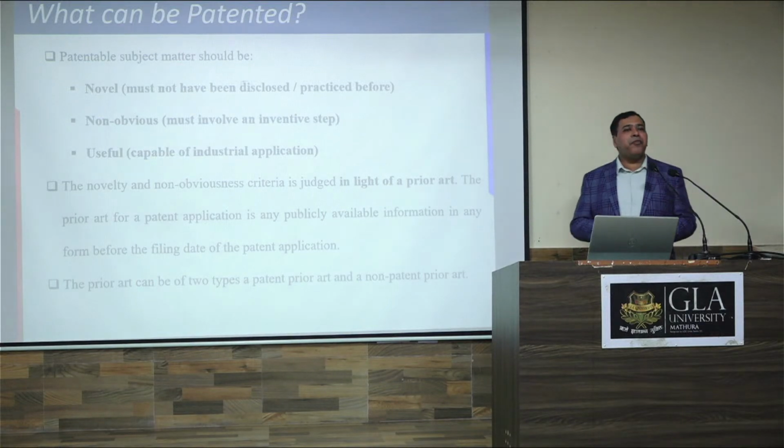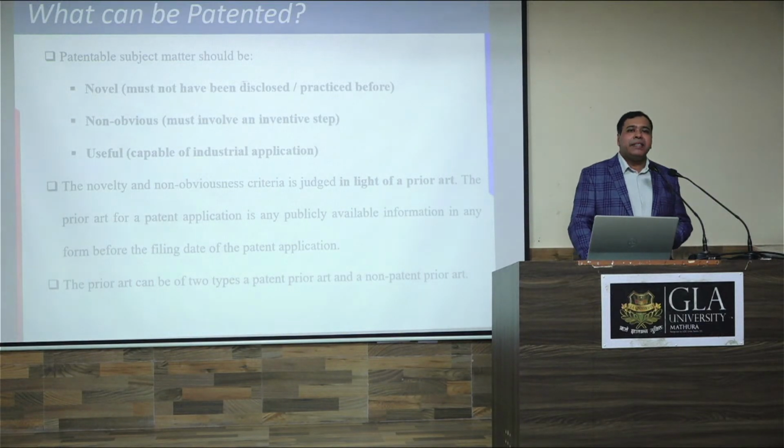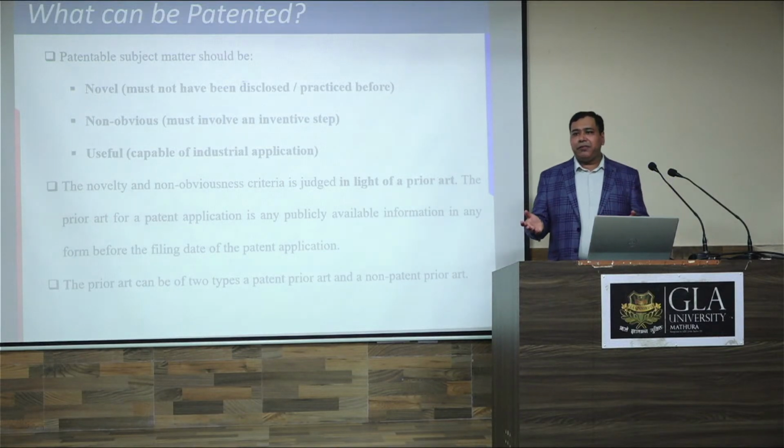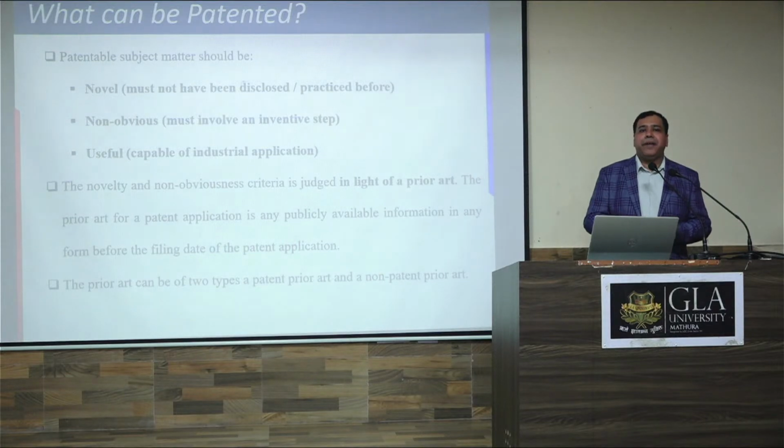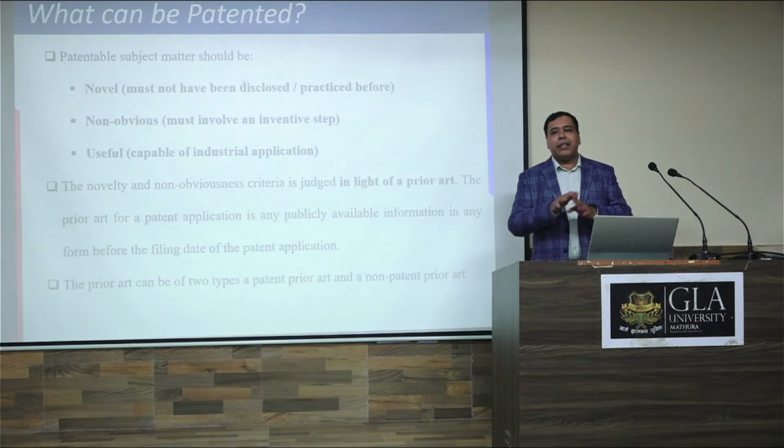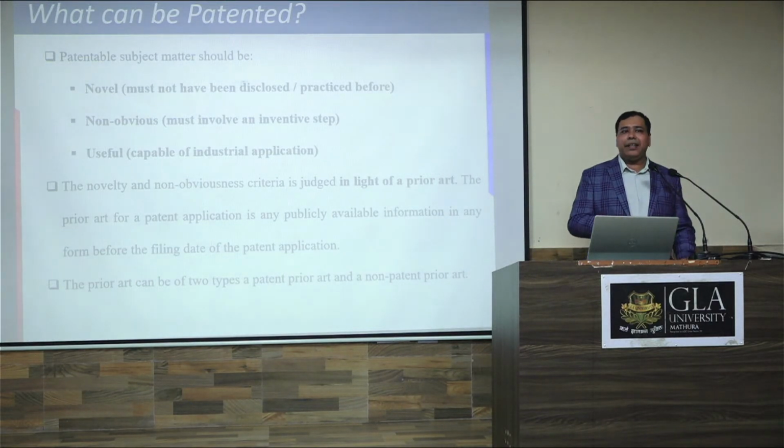When I say non-obvious, it means that whatever is known in the art, whatever is known in the technology, you can't just combine it together and use it in your invention. Let's say hypothetically, there is a chair with four legs, and then you come up with a chair with 5 legs.